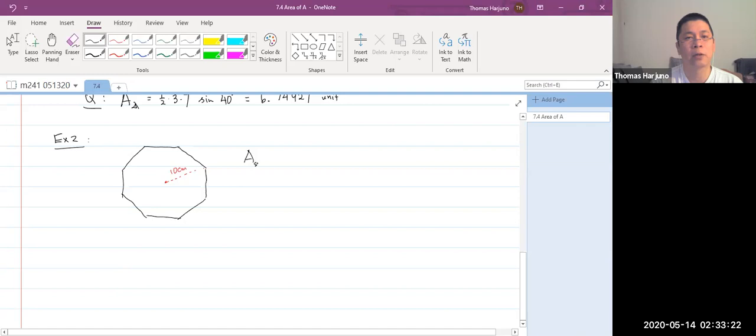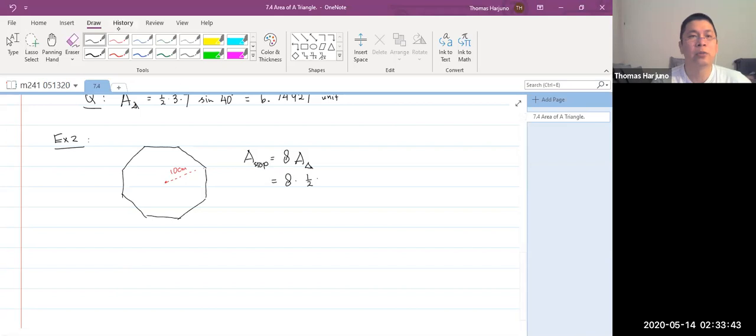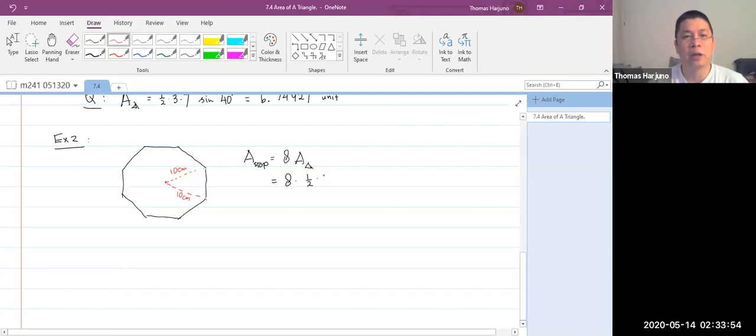Area of that stop sign, that octagon, will be 8 times, because there are 8 triangles, right? Okay, area of each triangle. Now what is the area of each triangle? Each triangle looks like this, right? So the two sides are 10.